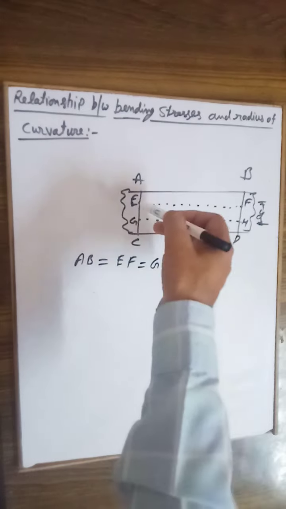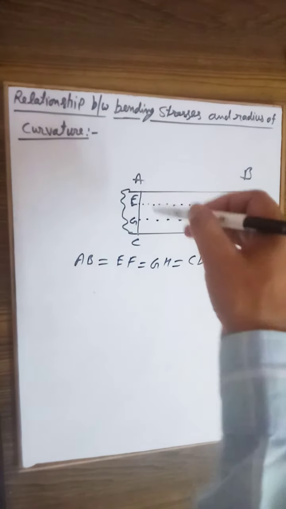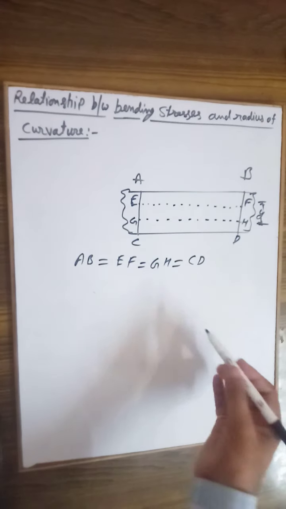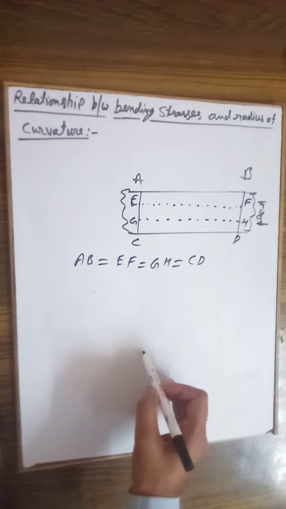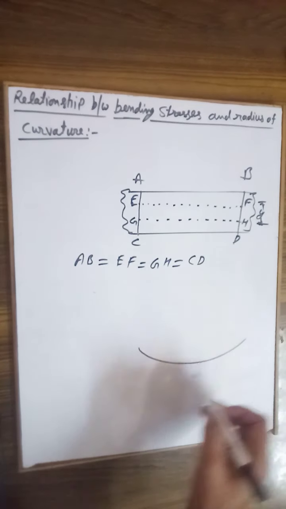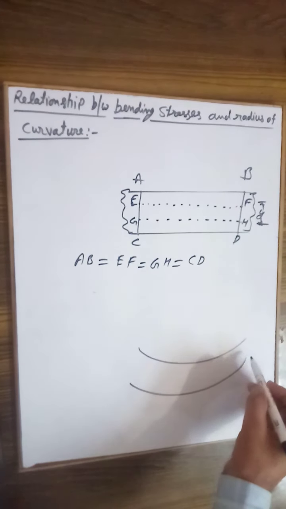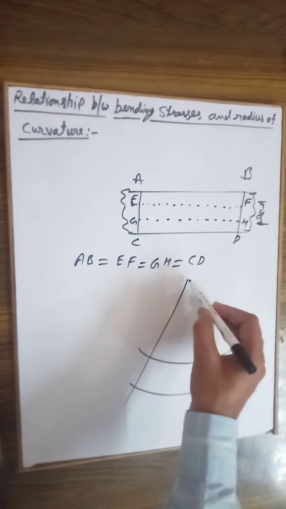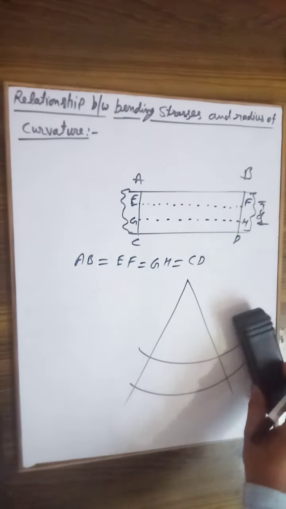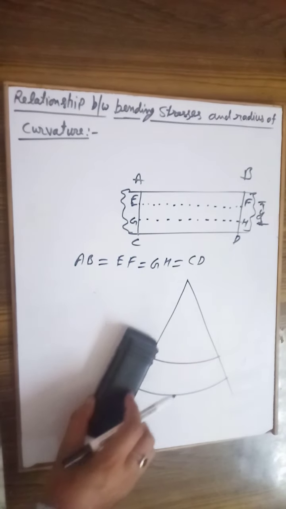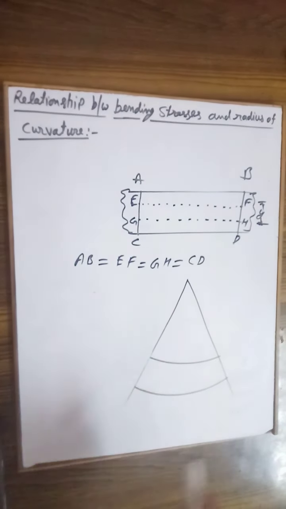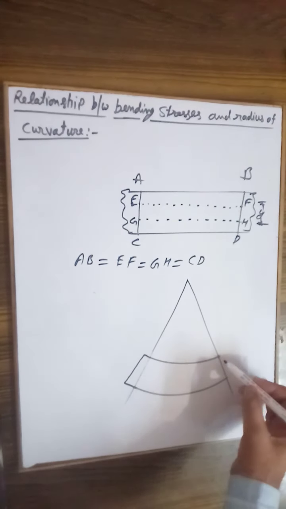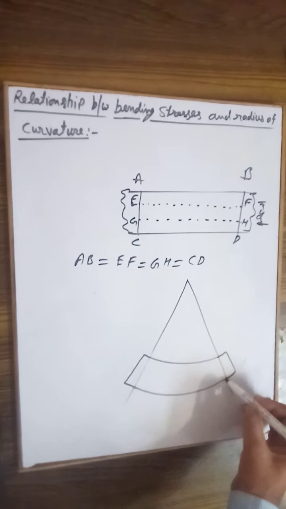When it will be bent, somehow the structure will be either concave or convex, lower and upper surfaces respectively. So we can say here, if this is our beam now, let me draw it clearly. So now this is our beam after the bending.